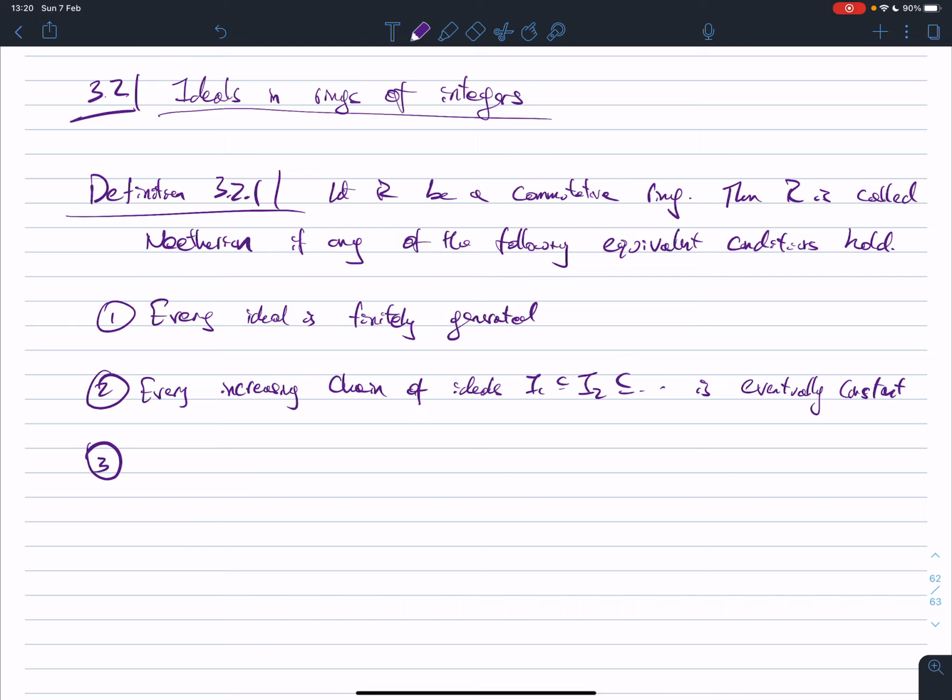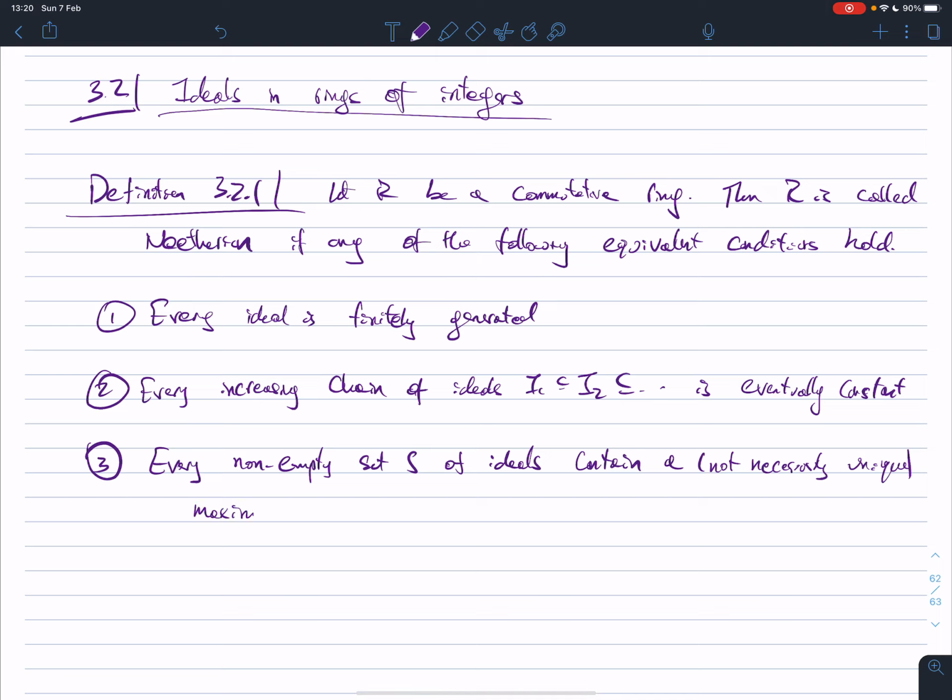And three, which is maybe a more abstract one, and sometimes uses Zorn's lemma: every non-empty set S of ideals contains a not necessarily unique maximal element, or maximal member.